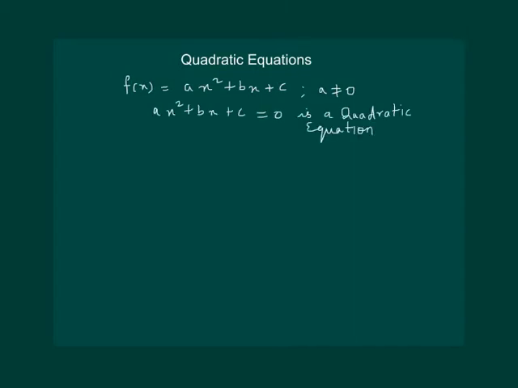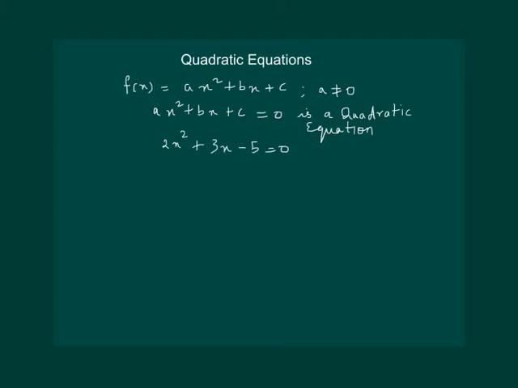In other words, a quadratic equation in variable x is an equation of the form ax² + bx + c, where a, b and c are real numbers and a cannot be 0. For example, 2x² + 3x − 5 = 0 is an example of quadratic equation.